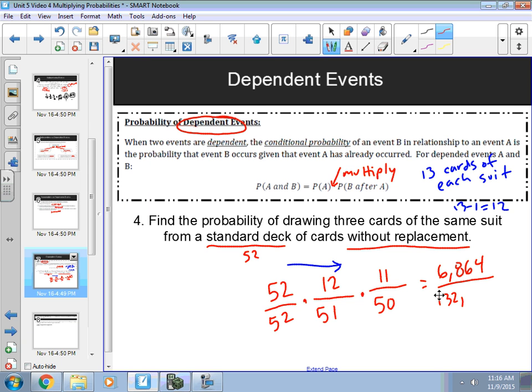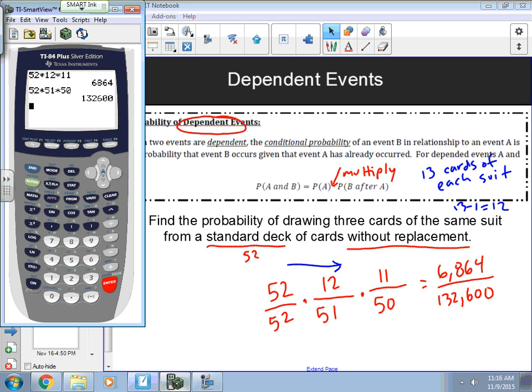Okay, so now what would the answer be? This is the answer. But again, remember what we talked about before on the ACT or something, if this is a multiple choice answer, you're probably not going to see that as one of your choices. You would want to simplify that out. So how you can do that again is if you divide these out on your calculator. This is what it would be as a decimal, or we could easily change that into a percentage.